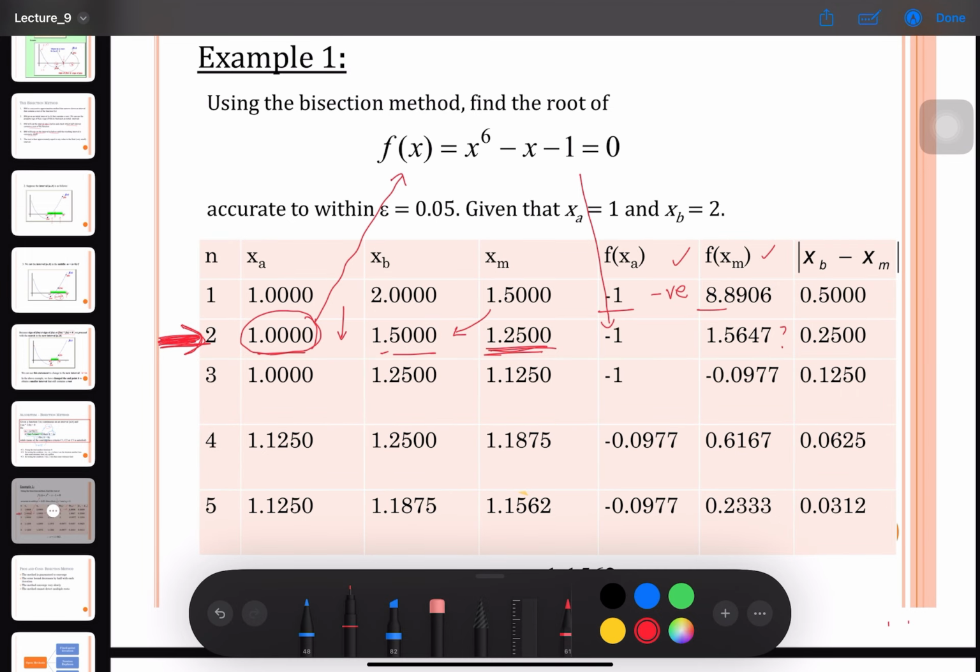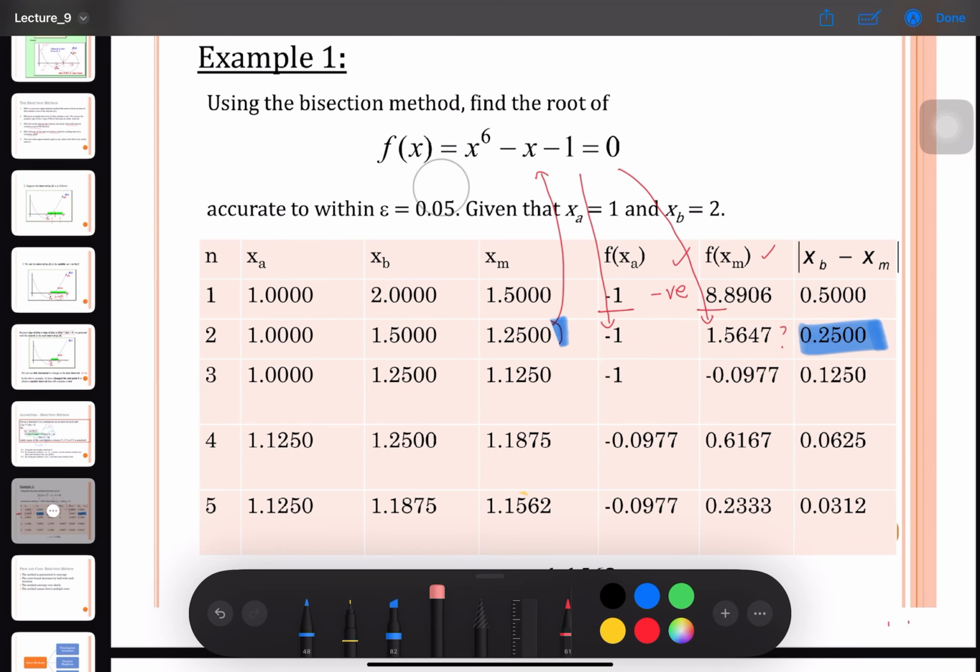For f(xm), you substitute the value of xm into the equation, you get the answer here, 1.5647. Okay, and then for the error, xb 1.5 minus xm 1.25, you get 0.25. Still larger than the given error, so you need to continue with the next iteration.